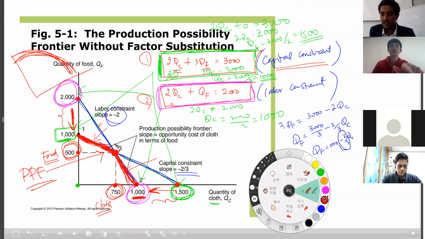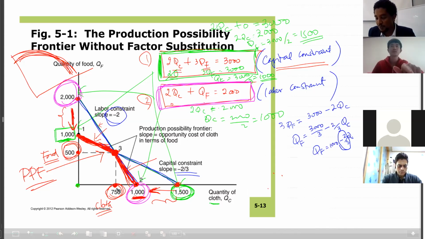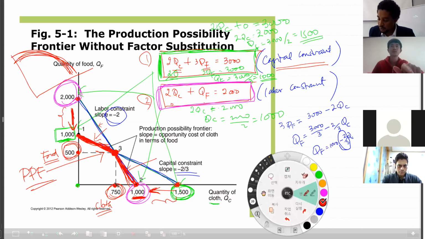This point is a point of equilibrium where the labor constraint and the capital constraint are met. So from this point, you can identify the amount of food and the amount of clothes, okay? You just draw a line down to the clothes axis and to the left to the food axis, then you find them there. So this will be the optimal amount of food and clothes that we can produce, okay?